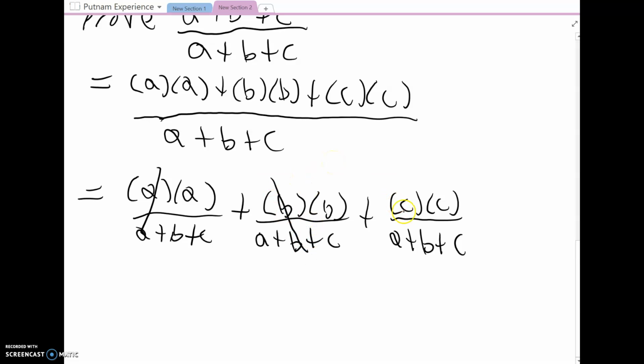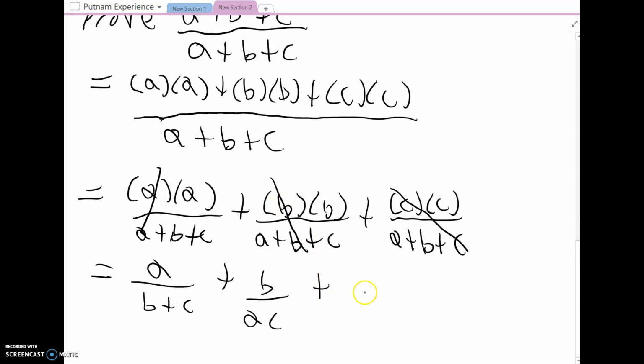And then for this fraction right here, c can cancel. So you could have a over b + c, plus b equals a c, plus c over a + b.